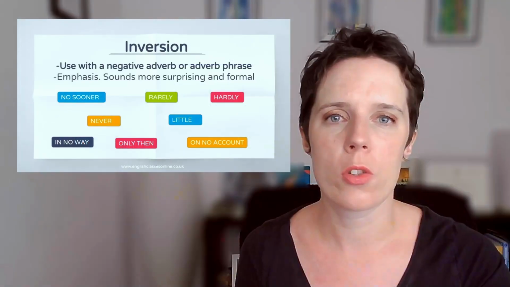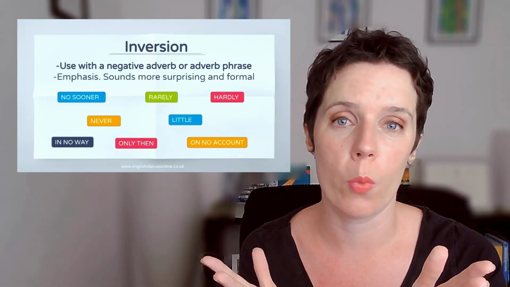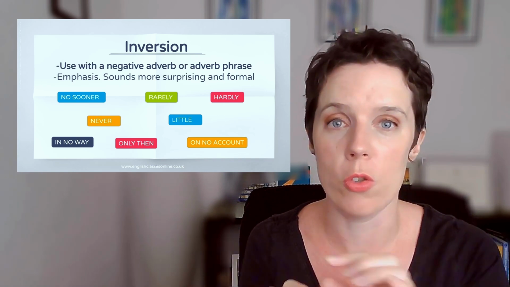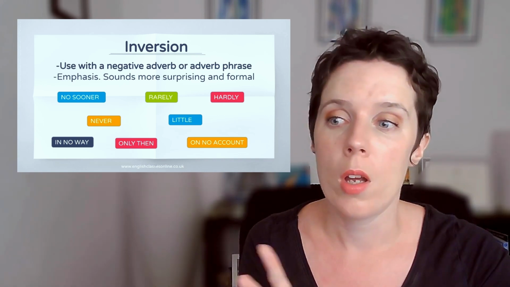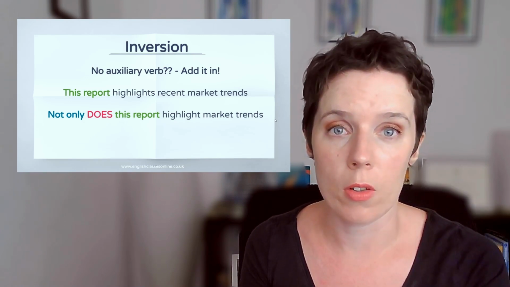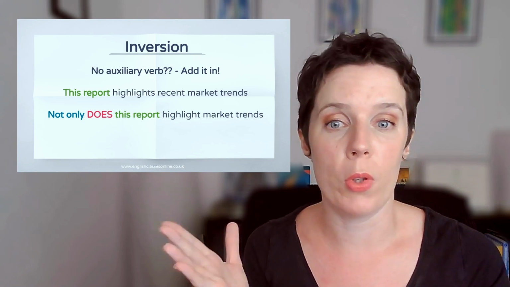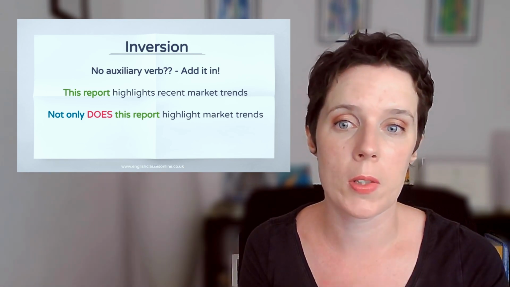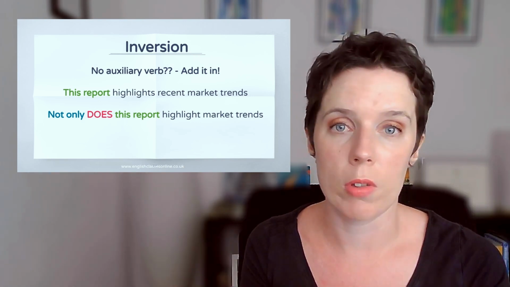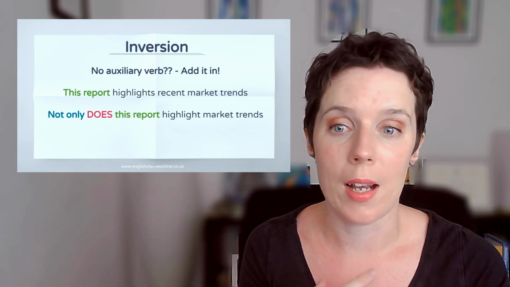Okay. So that's all well and good when you have an auxiliary verb, but what happens when there is no auxiliary verb in your normal sentence? If there's no auxiliary verb, you need to add in that auxiliary verb to make the inversion. So for example, if you have this report highlights recent market trends, there's no auxiliary verb there. You don't have do or be or have, so you need to add it in.